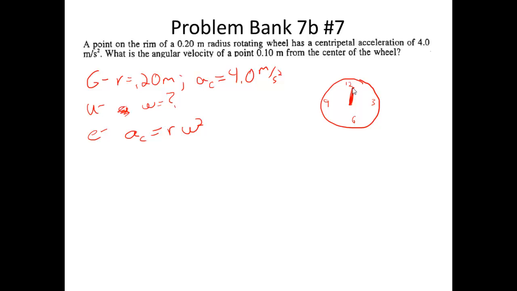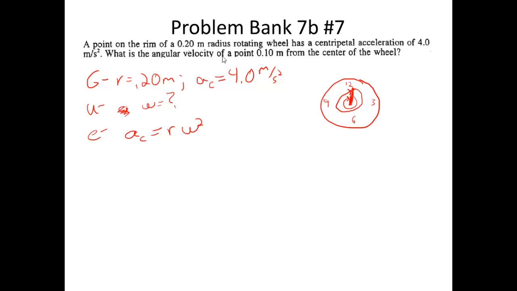So if we were a point here on the outside, it would take us 60 seconds to get around. That would be our angular velocity. If we had another point somewhere in the middle of that second hand, it still would take us 60 seconds to get around the clock both times.